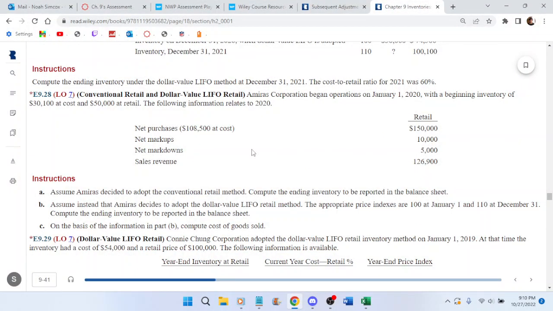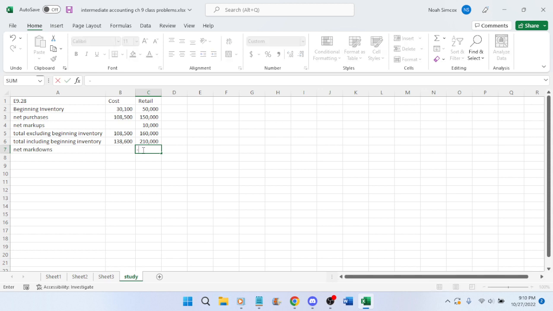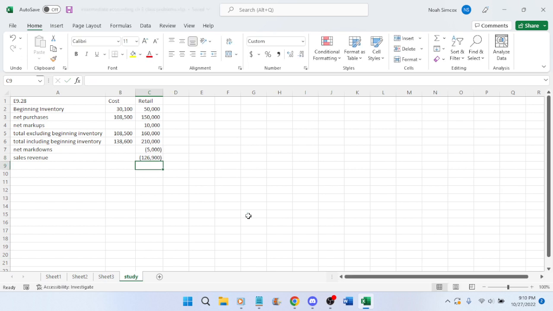Now you do markdowns, negative 5,000. We're going to just say negative 5,000 so that's easier to do calculations. Then you have sales revenue, negative 126,900, and you do negative because it's a deduction.